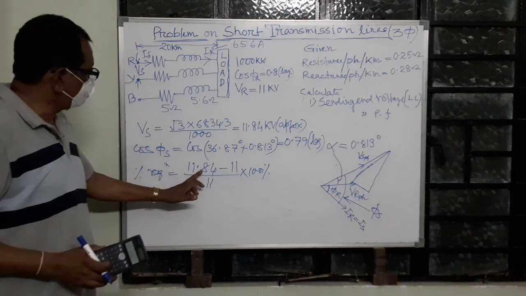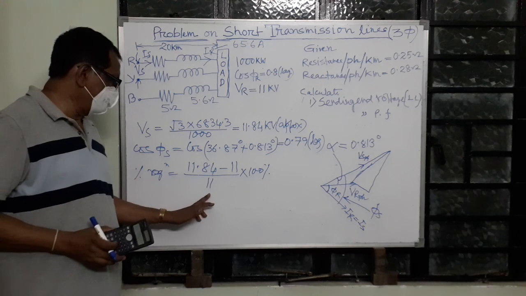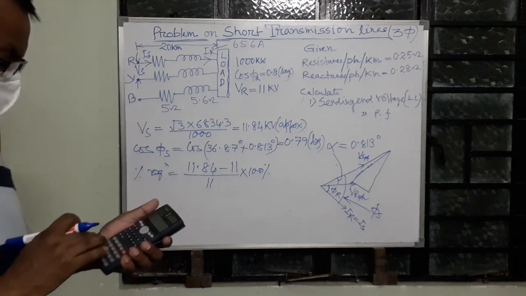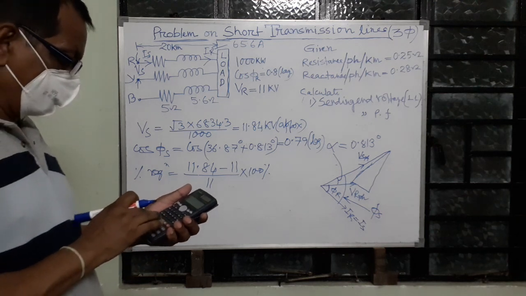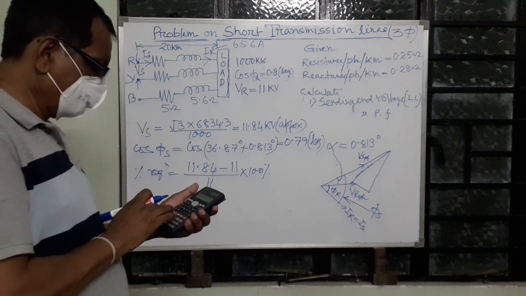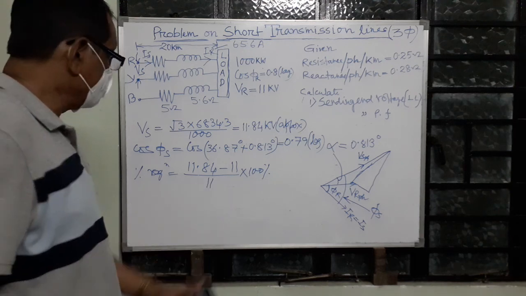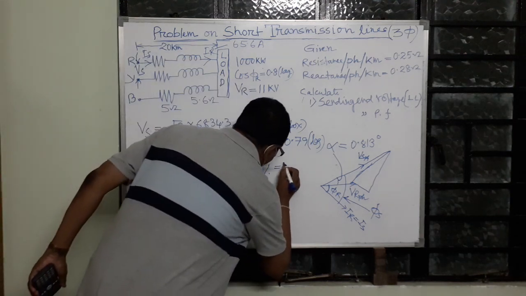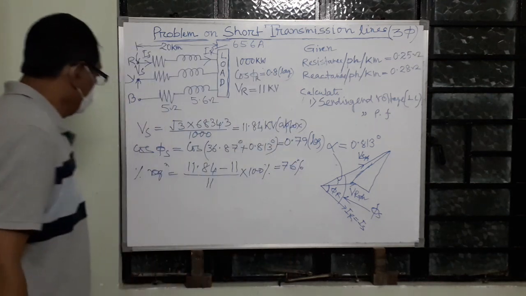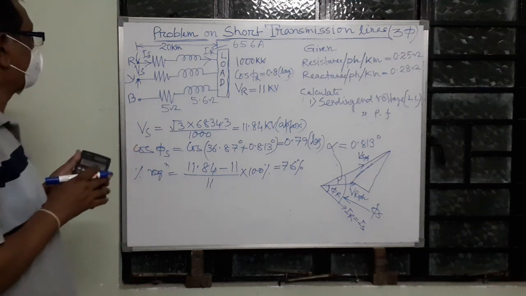This is the line voltage at the sending end with respect to the line voltage at the receiving end, that is (11.84 minus 11) divided by 11, which gives 7.6%. The third point is calculated. Now the last point is transmission efficiency.